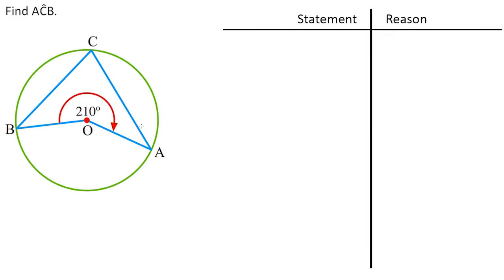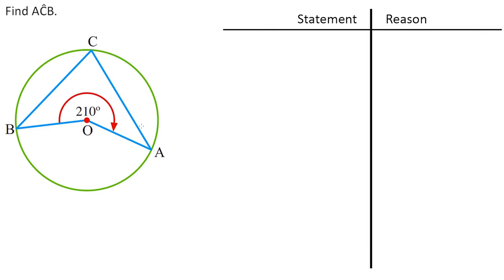Angle at circumference, you can see angle at center is given. So immediately we keep in mind we will be able to apply angle at center equals 2 times angle at circumference. But first of all, they have provided point O, and they have provided us with the value of the reflex angle of point O, which is 210.